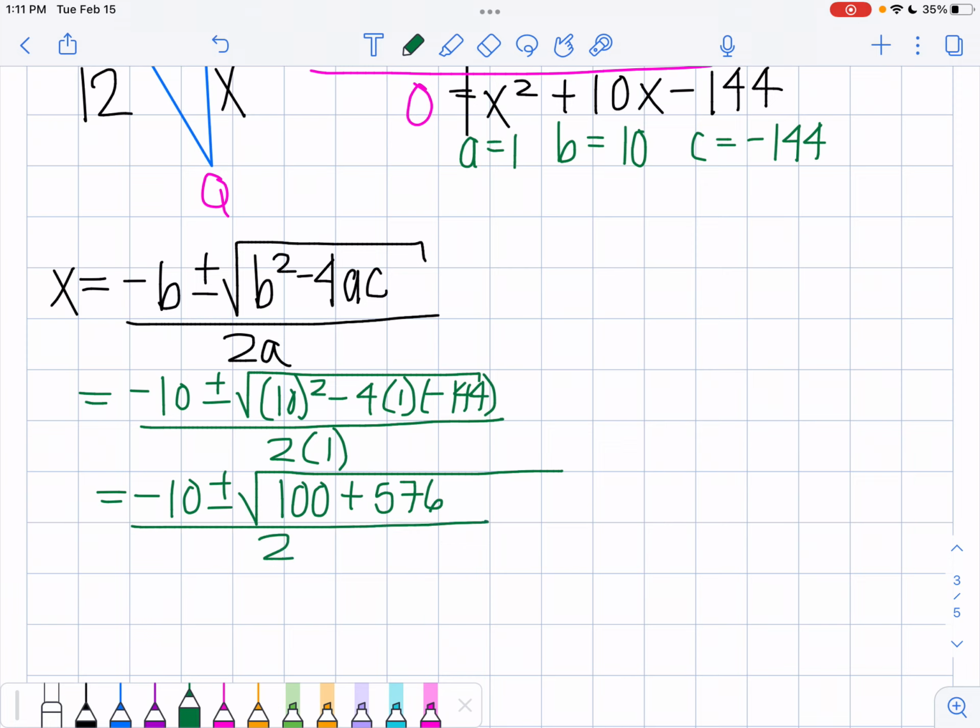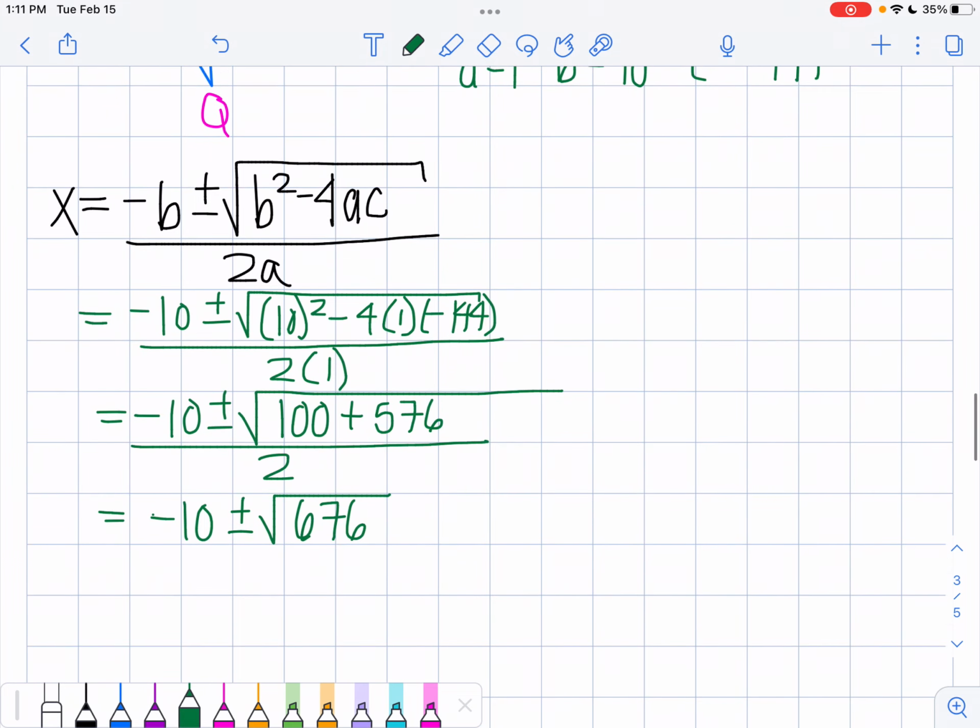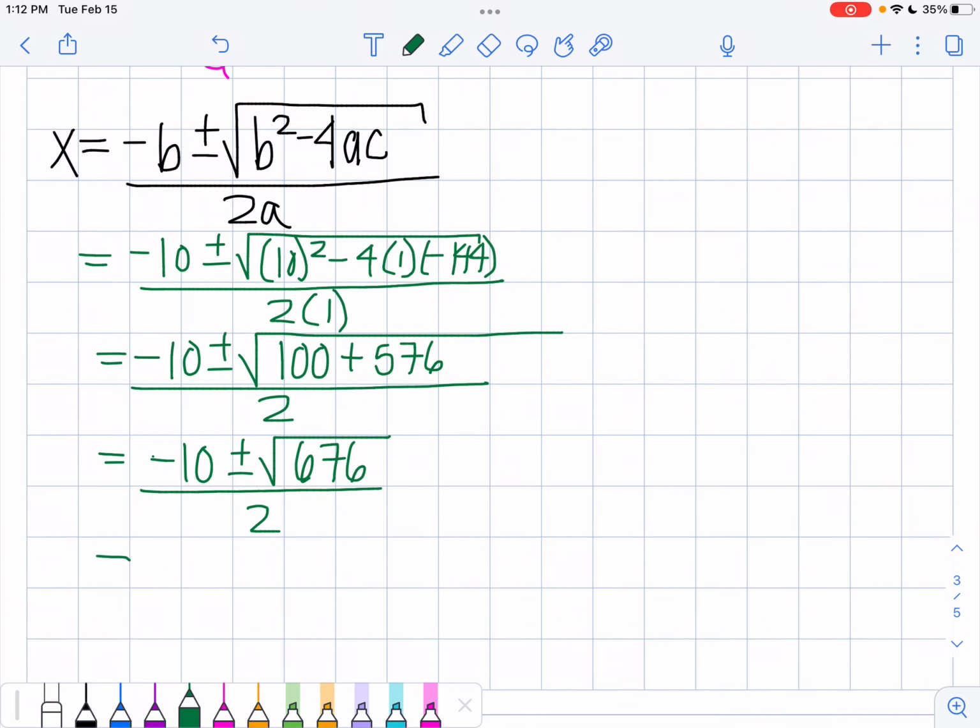all divided by 2. I keep simplifying inside, so I get negative 10 plus or minus the square root of 676, all divided by 2. Then I take the square root of 676, and that gives me 26. Oh, that's a nice, neat number. So I have negative 10 plus or minus 26, all divided by 2.